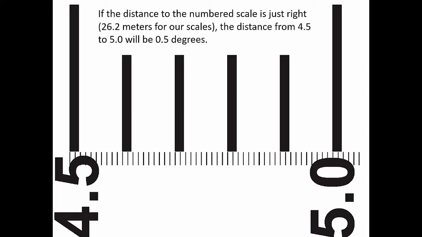If we have a 26.2 meter distance from this numbered scale to our telescopes and binoculars, then the distance from 4.5 to 5.0 on the scale, it actually goes from 0 to 10, but if you're just seeing this part of it, that would be a 5-degree field of view. And so going from the left side of this bold line here to the left side of this bold line is exactly half of a degree.